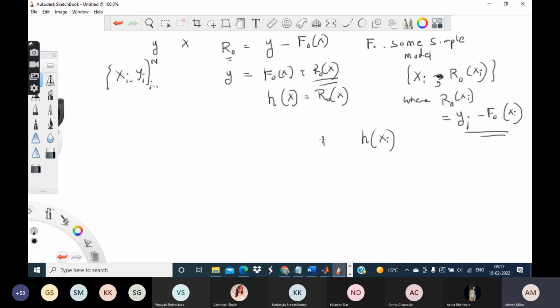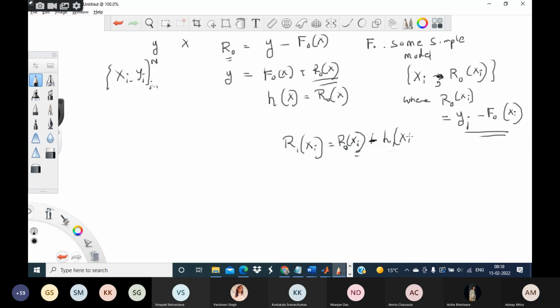So what I get is r1 xi, which is equal to r naught xi minus h of xi. You may call it h1 also. Fine.